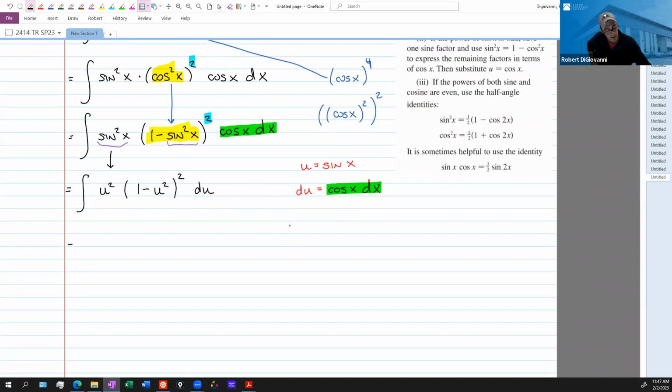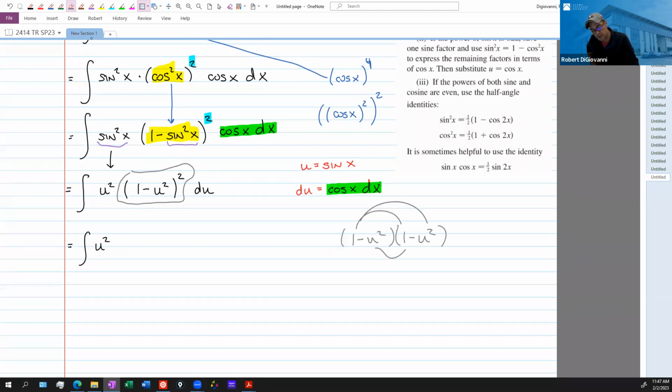Now that looks pretty bad, but it's actually just a polynomial. So what I can do next is take this and square it: 1 minus u squared times itself, and then do my little expansion and collect like terms. That's all algebra. So it becomes 1 minus 2u squared plus u to the 4th du.